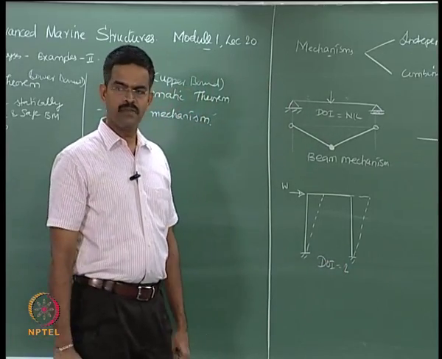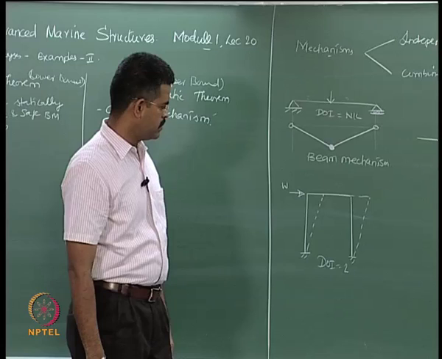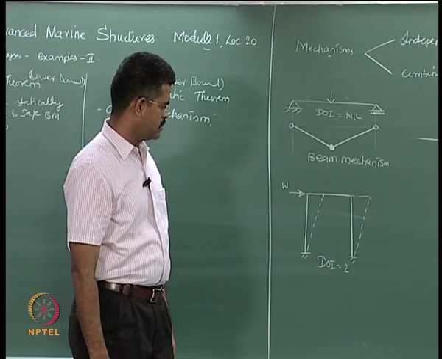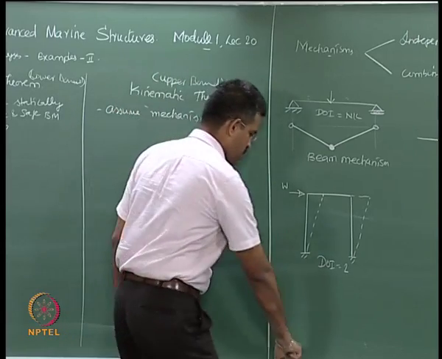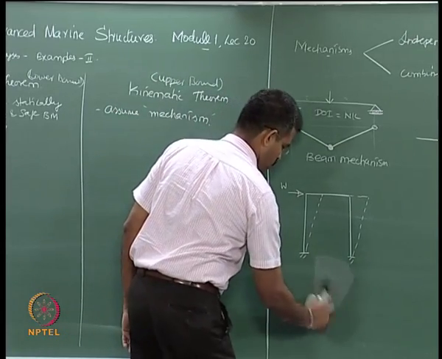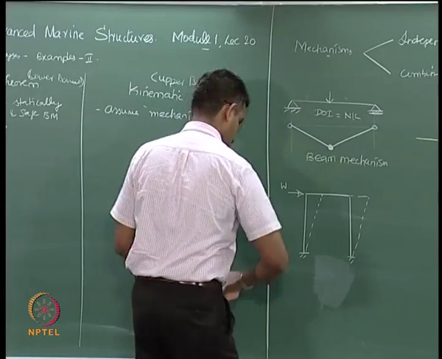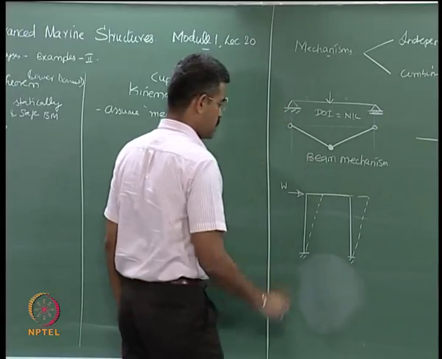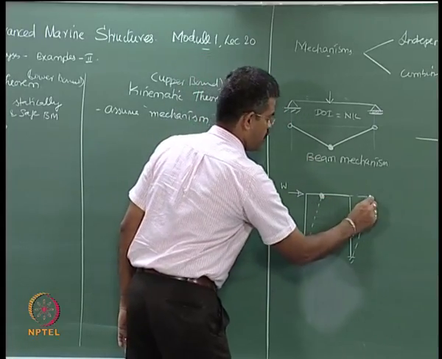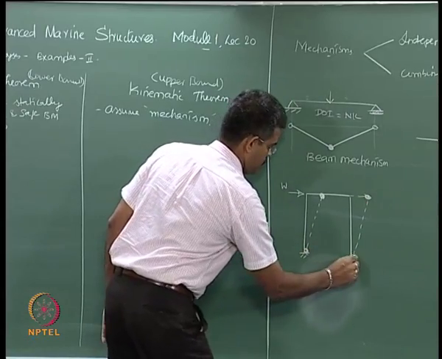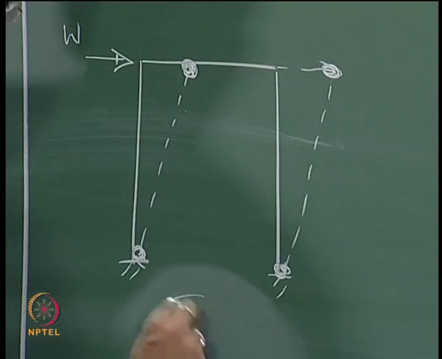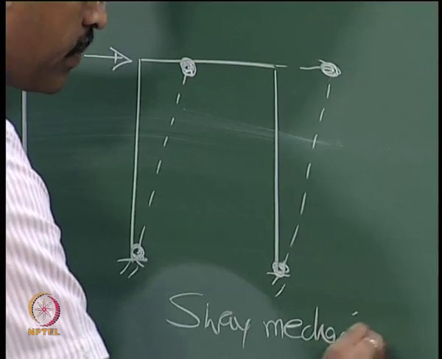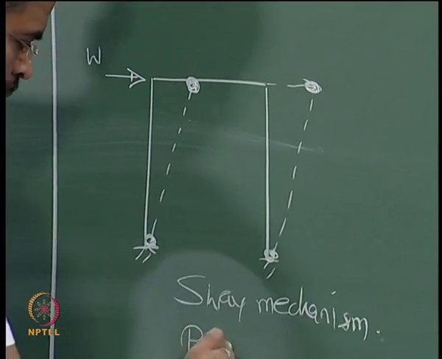So, I need 3 hinges. Or if you consider the axial deformation also, then it will be 3, therefore I require 4 hinges. So, hinges can be formed here, here, here and here. This mechanism is what we call as a sway mechanism or panel mechanism.